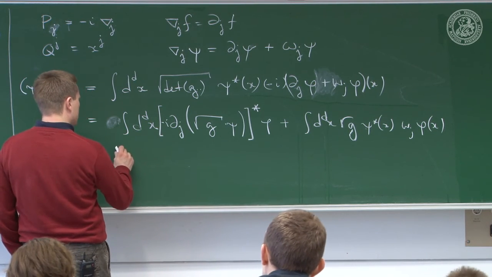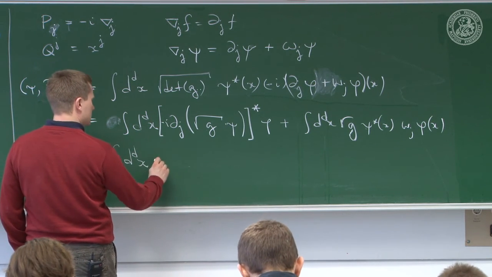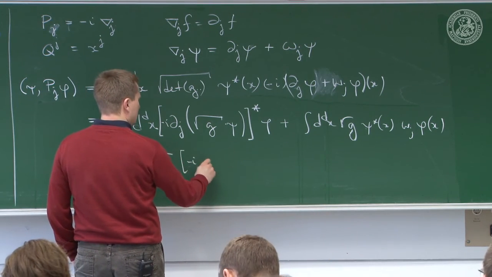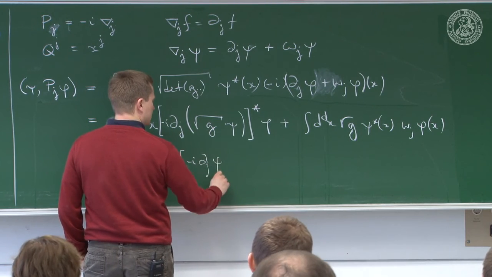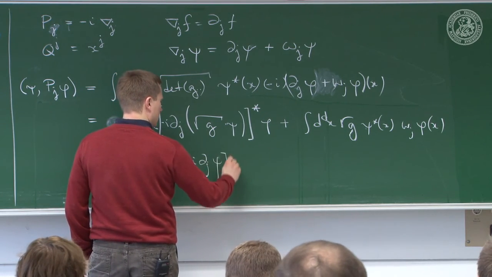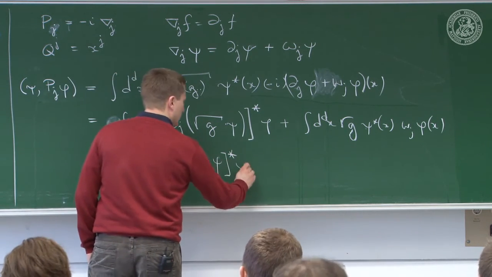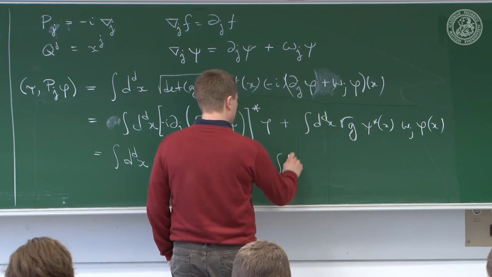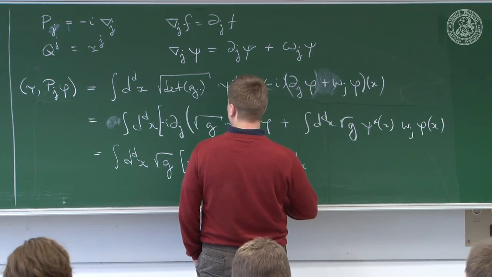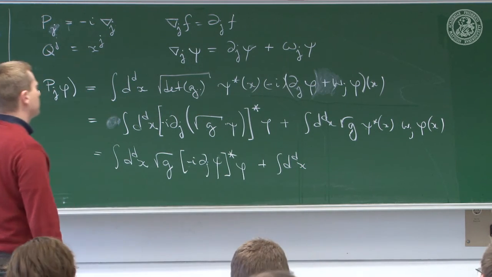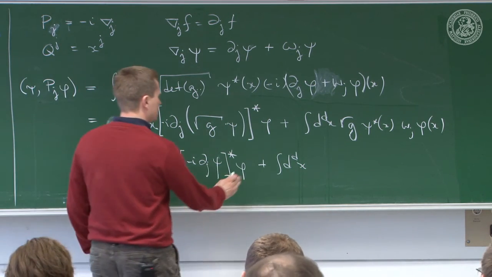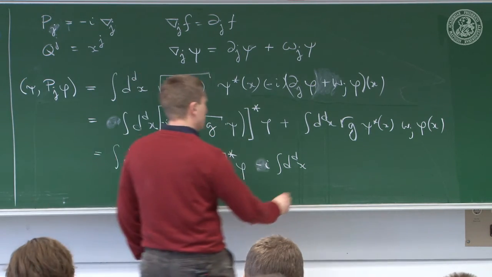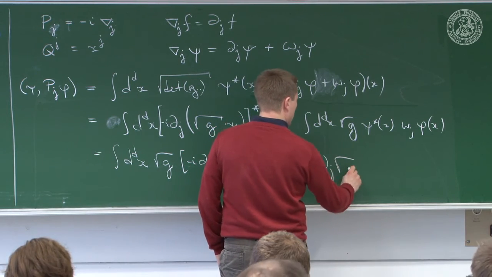And so we get integral d dx square root of g. So first act on the second term, minus i del j psi starred phi plus integral d dx minus i times d dx del j square root of g.